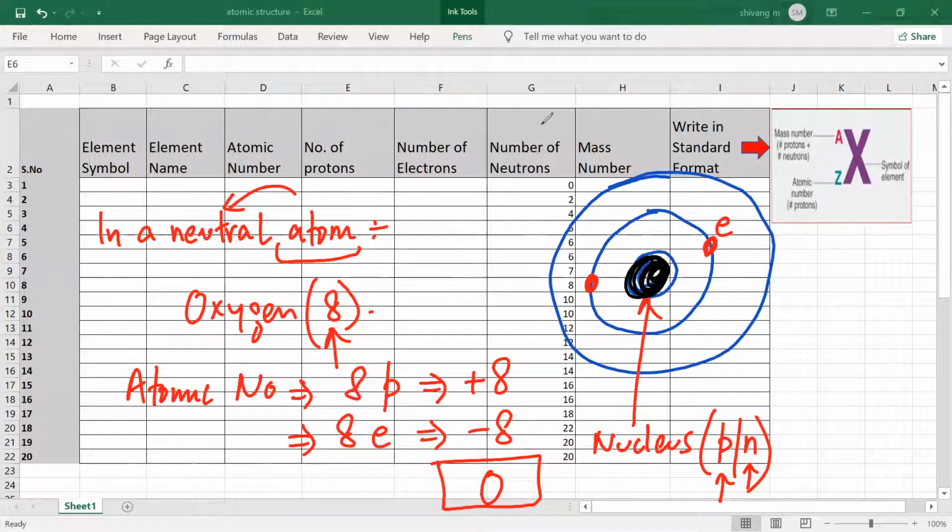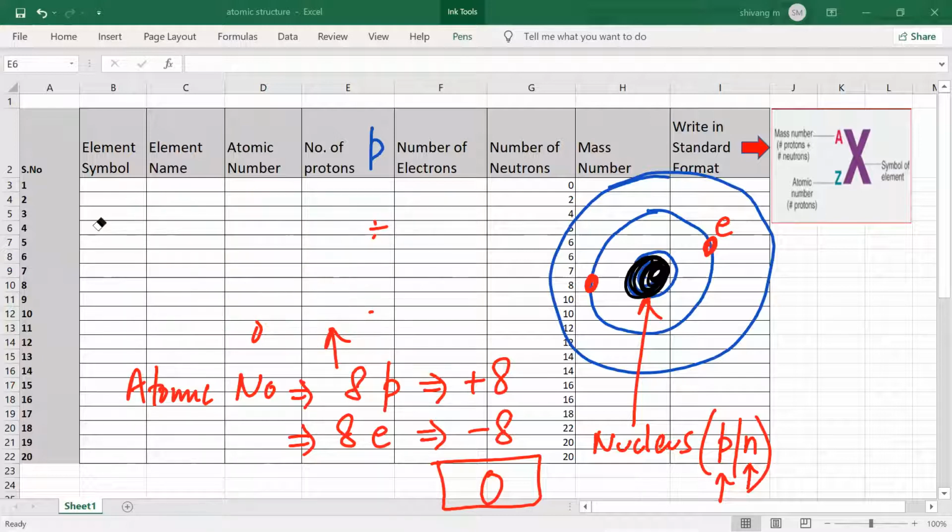Now what we have already discussed in previous lectures is that if you take proton, neutron, and electron, there are two important properties of these subatomic particles.